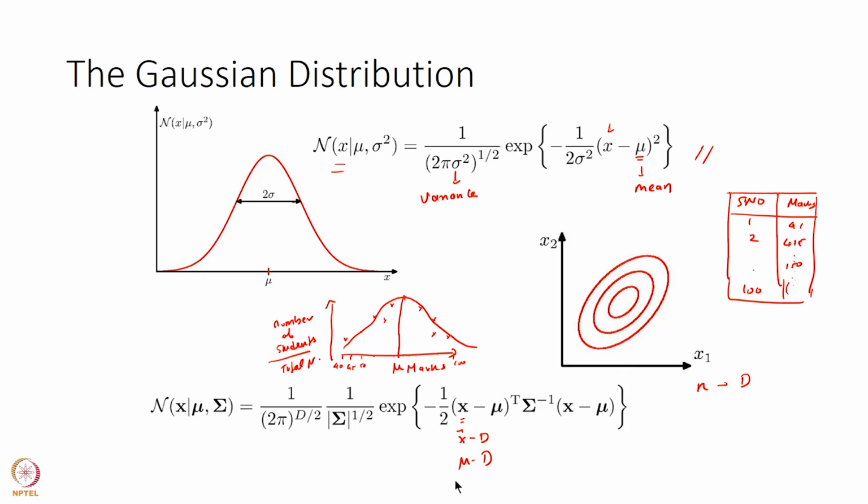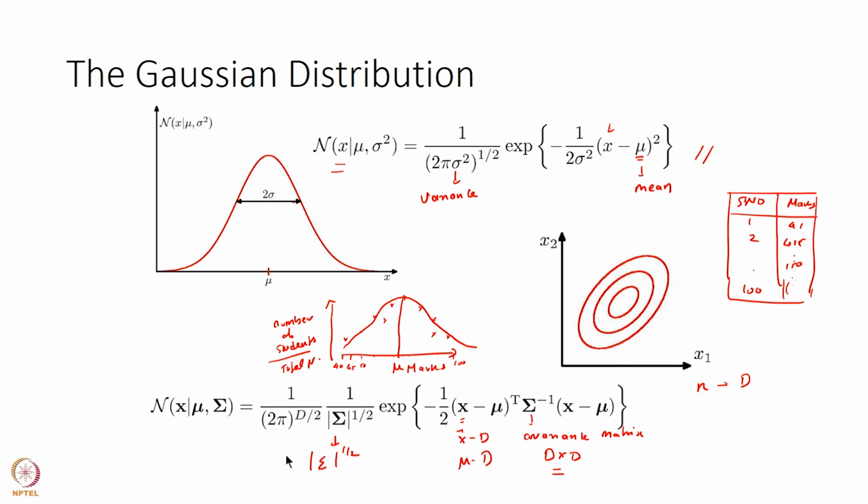So, mu will also be of length D. This sigma is called the covariance matrix, and it has size D cross D. And this modulus is the determinant of the covariance matrix, square root.